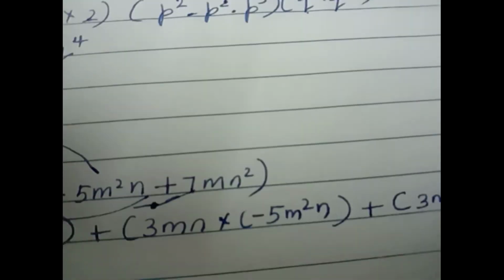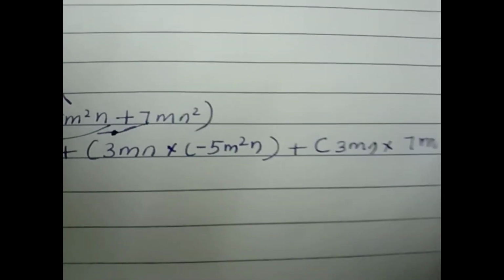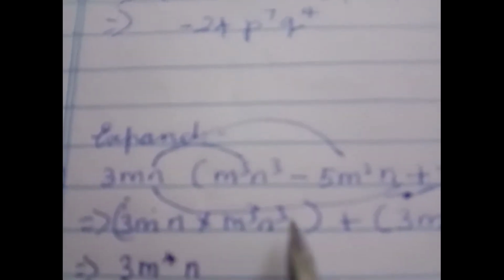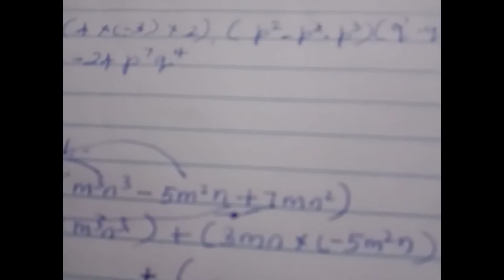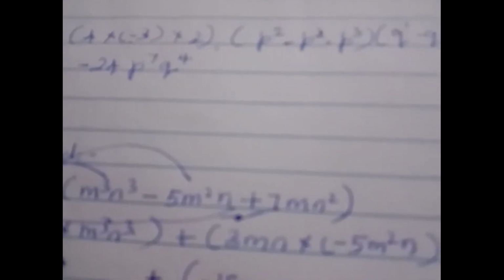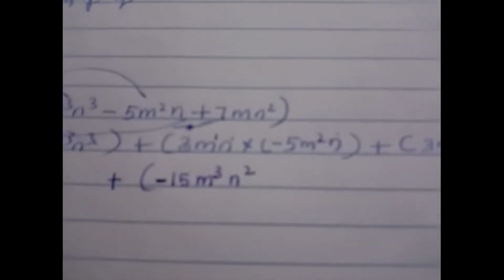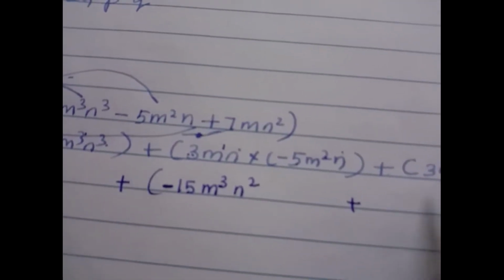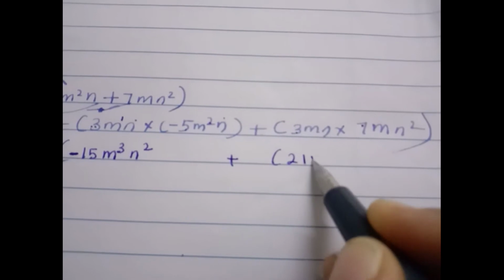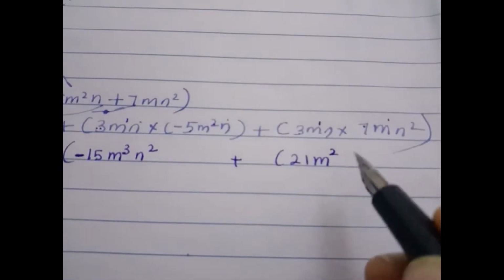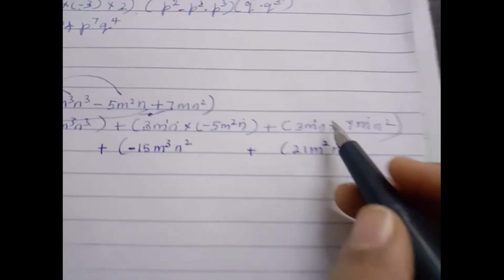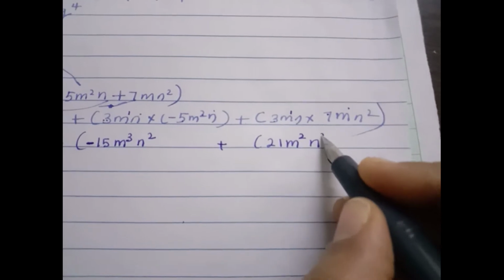Then 3mn into 7mn square equals 3m, 1 plus 3 is 4, n, 1 plus 3 is 4, plus 3 5s are 15, plus into minus is minus, and m power 1 plus 2 is 3, and n, 1 plus 1 is 2, then plus 3 7s are 21, m 1 plus 1 is 2, and n, 1 plus 2 is 3.